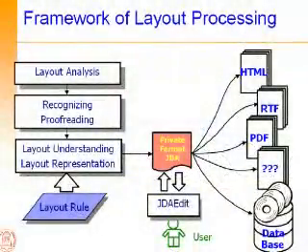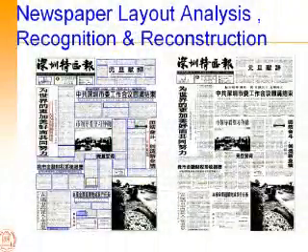Using this document analysis and reconstruction, we can get a recognition-based automatic electronic publishing system. They have layout analysis, recognition, layout understanding, layout rules, then get the output, PDF, RTF, HTML. So we can get a layout-preserving electronic document publishing system.